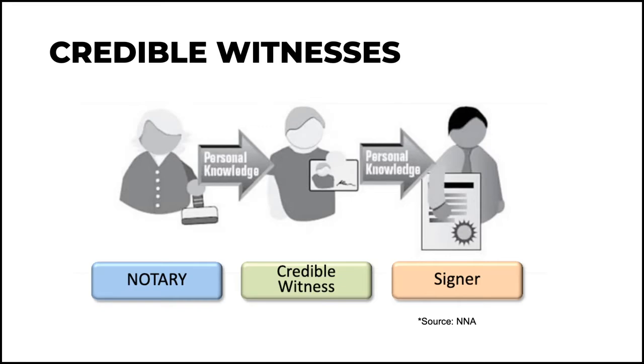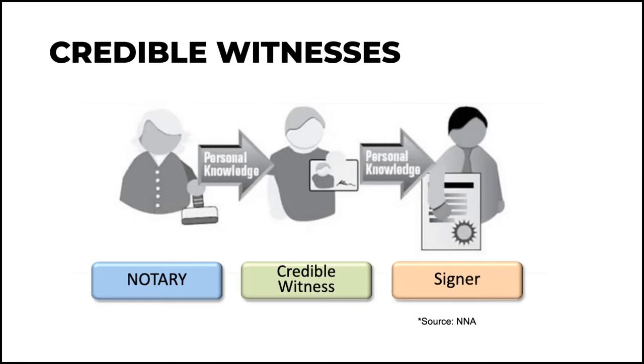Same concept in some states for credible witnesses in terms of who they can be a credible witness for, depending on what they're signing the document on. So there's a lot of ifs in there, I know. But the important thing is your state will tell you how specific or general their credible witnessing requirements are.